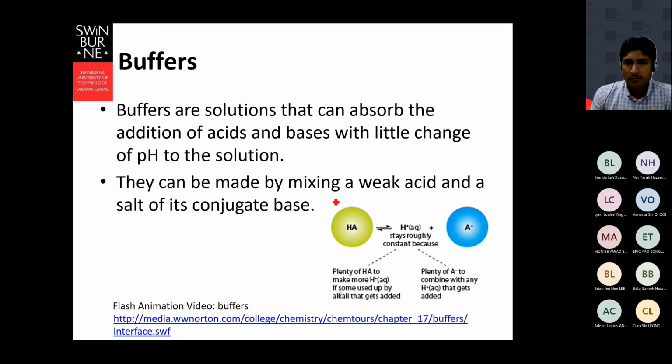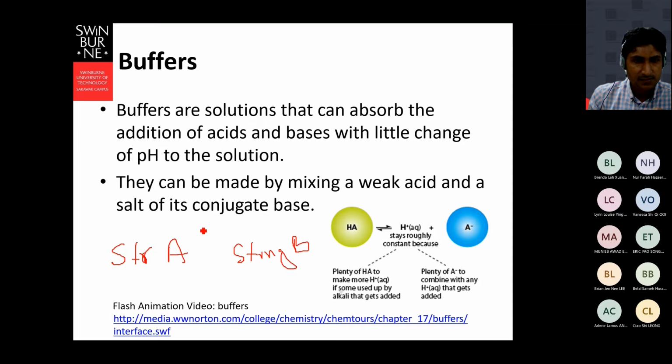For that, the important thing is a buffer solution cannot be made with strong acid, strong base. Strong acid, strong base cannot produce a buffer.